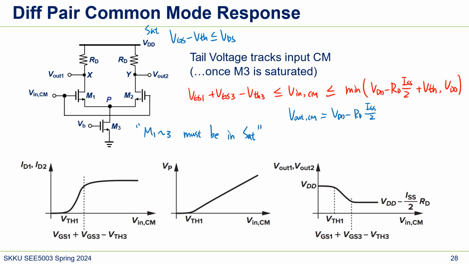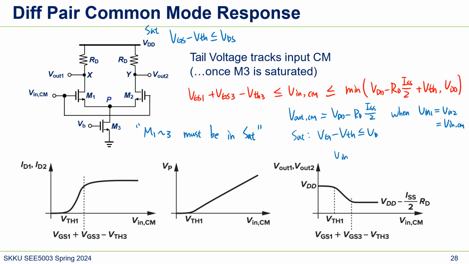This is V out CM when VIN1 equals VIN2, so there's no difference in the VIN CM, and this is the output CM. But in this case, this would be VD. So we can say VG minus VTH.